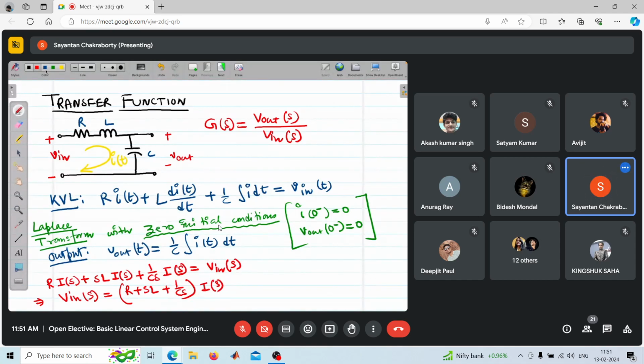Similarly, from the output equation we can write V out(s) is equal to 1 by Cs I(s).